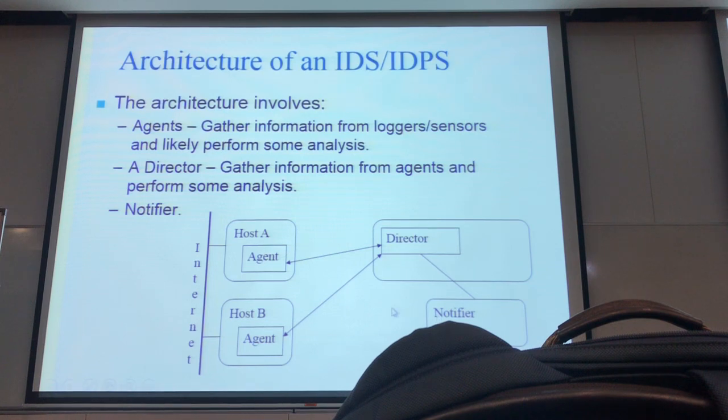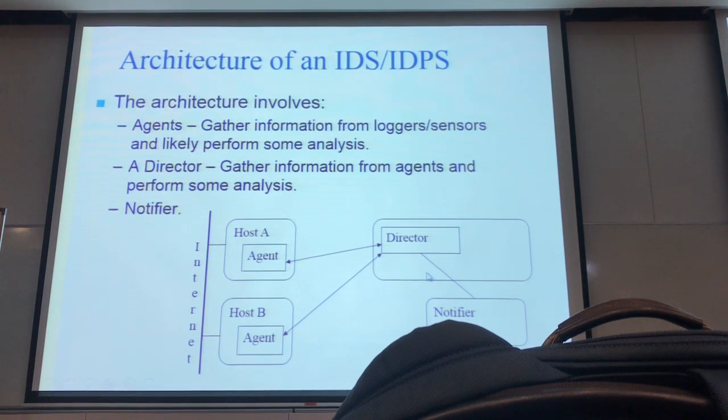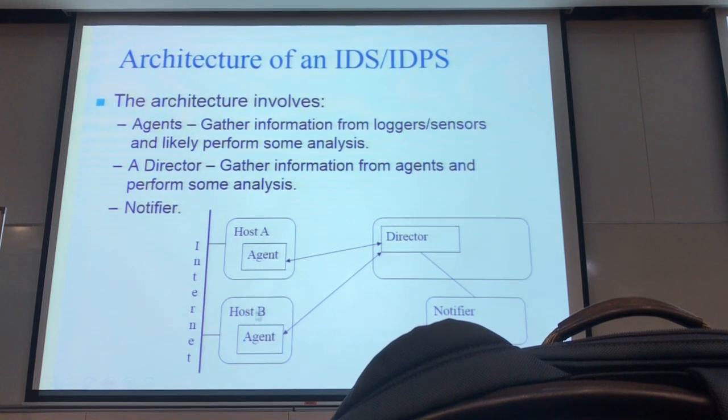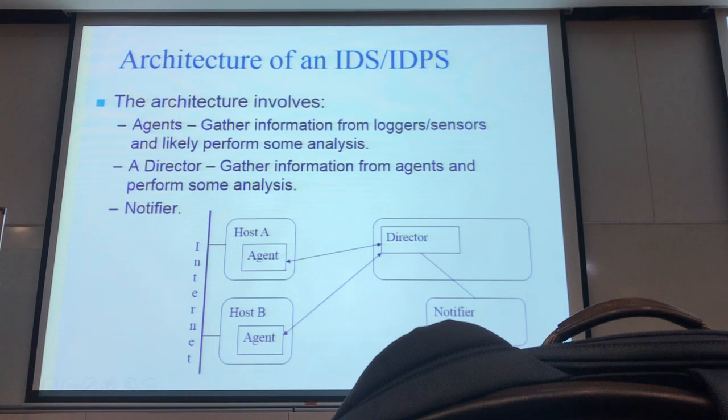This is the typical architecture of an intrusion detection system. We have the director, which is where we do the analysis. We call this the expert system. And then we have the agents. Agents collect the data and then send the data to the director. The director does the analysis, and then the result is passed to the so-called notifier.